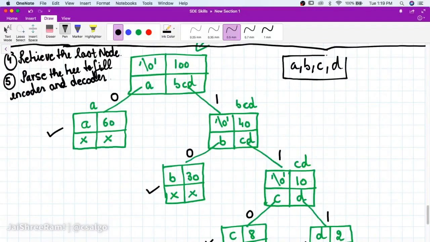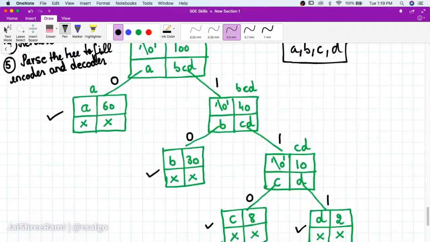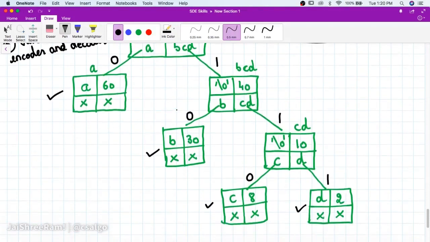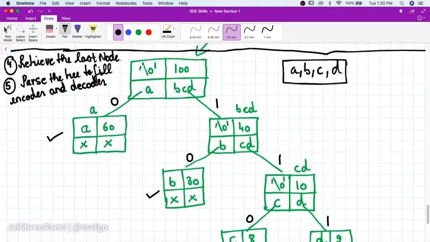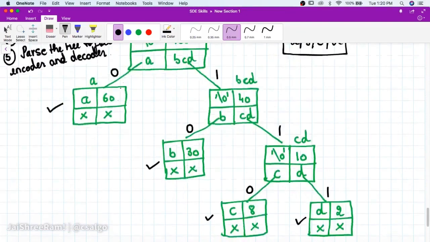In the tree structure which I got for this final node, all the leaf nodes are nothing but my characters. So as we move towards left we add a 0, as we move towards right we add a 1.